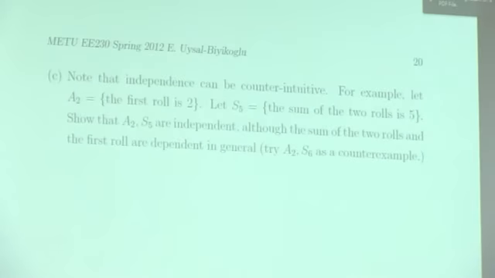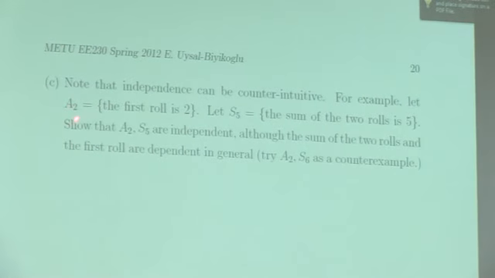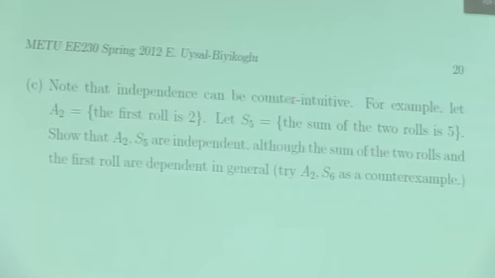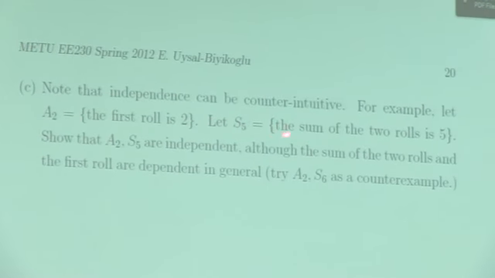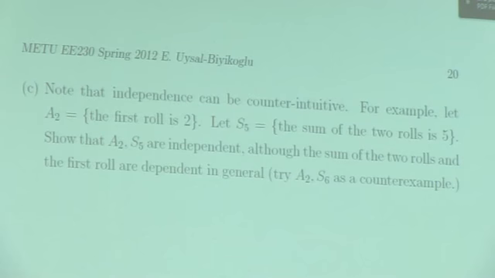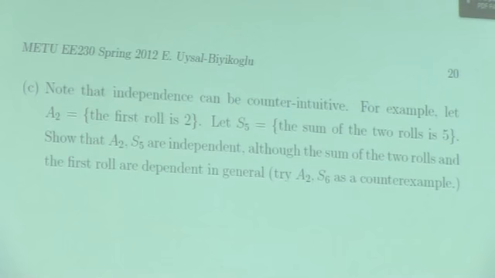Okay, let A2 be the event that the first roll is 2, and S5 be the event the sum of the two rolls is 5. Do you think these are dependent? Certainly, the sum of the two rolls is a function of the first roll.